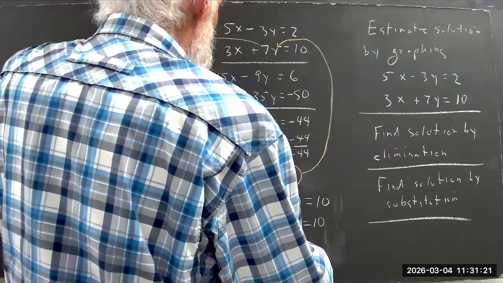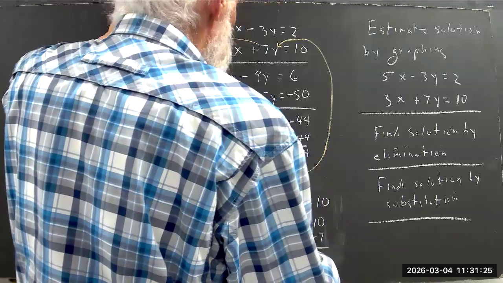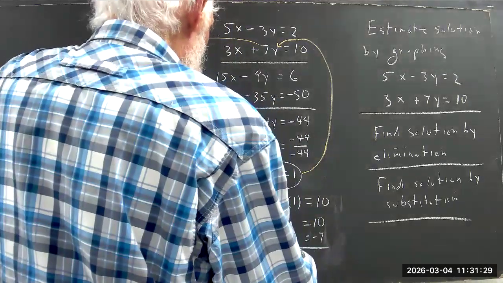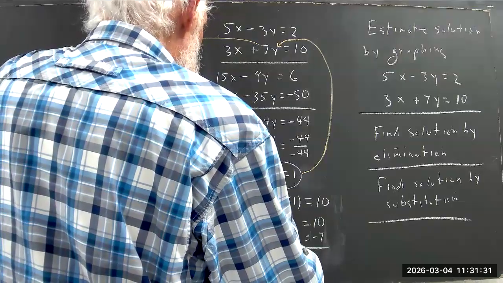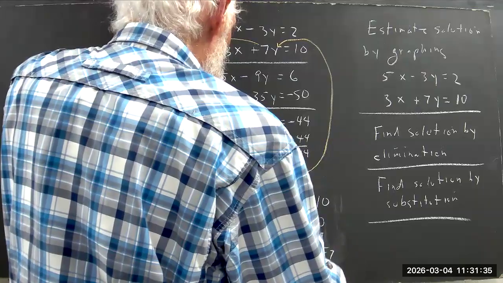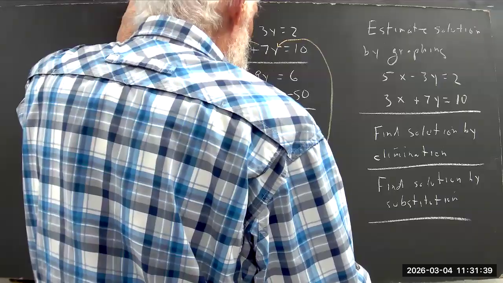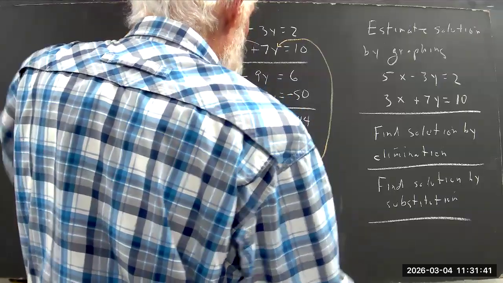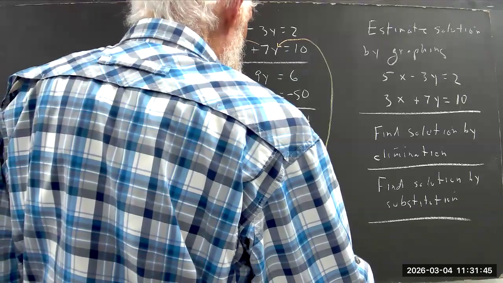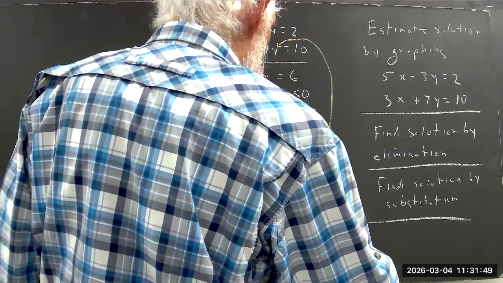I add negative 7 to both sides, so 3x plus 7 minus 7 equals 10 minus 7, so that 3x equals 3. Since I'm out of space, I'll skip the step where I divide both sides by 3, which should be obvious to everybody. So I'm just going to say x equals 1.